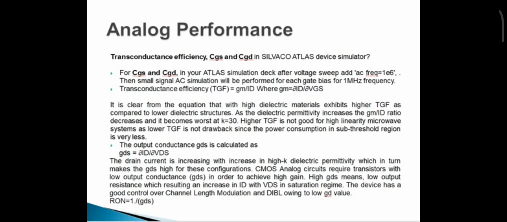High GDS means low output resistance, resulting in an increase in ID with VDS in the saturation region. The device has good control over channel length modulation and DIBL owing to its low GDS value. The on resistance is inversely proportional to GDS. R on is equal to 1 divided by GDS, the output conductance.